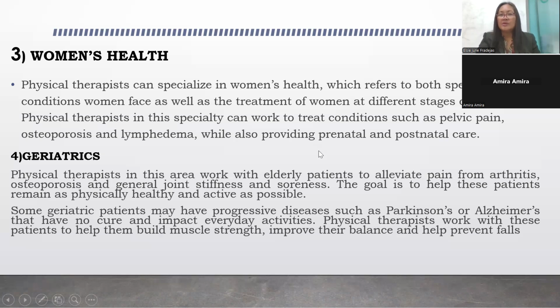Geriatric patients may have progressive diseases, which we call degenerative diseases, such as Parkinson's and Alzheimer's, that have no cure because they involve damage to our brain cells.